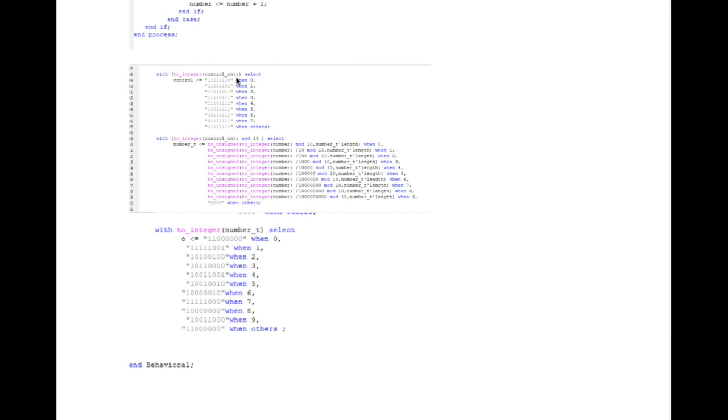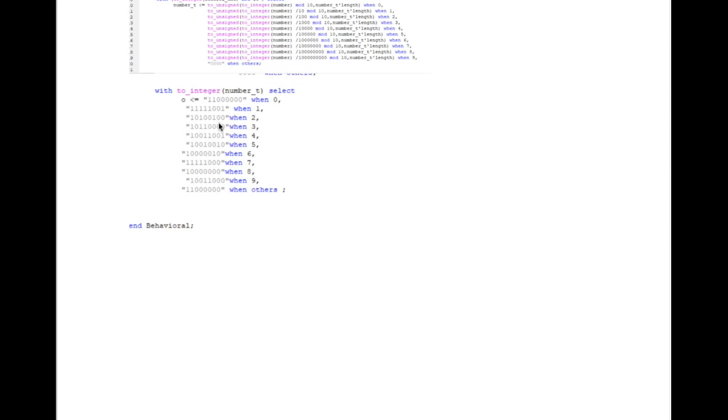As you can see, the different digits in the output number are decoded to the 7 segment in this part. This part decodes the number to the 7 segment, and it determines which parts of the 7 segment will be on, and it will display the numbers from 0 to 9.